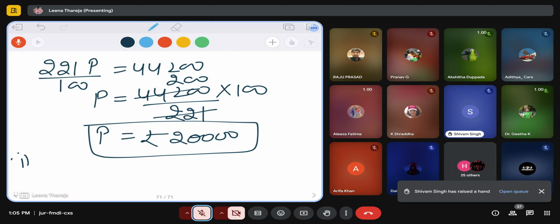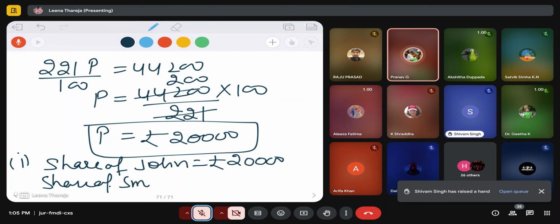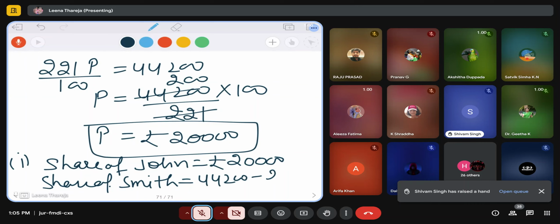Share of John is rupees 20,000. Then what is the share of Smith? 44,200 minus 20,000, which will be equal to 24,200. That is the share of Smith.